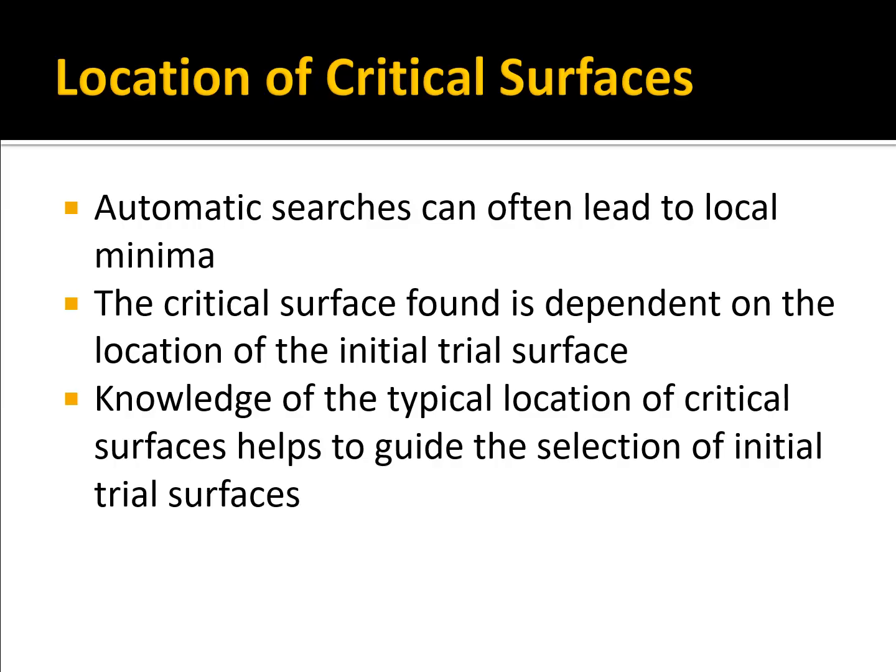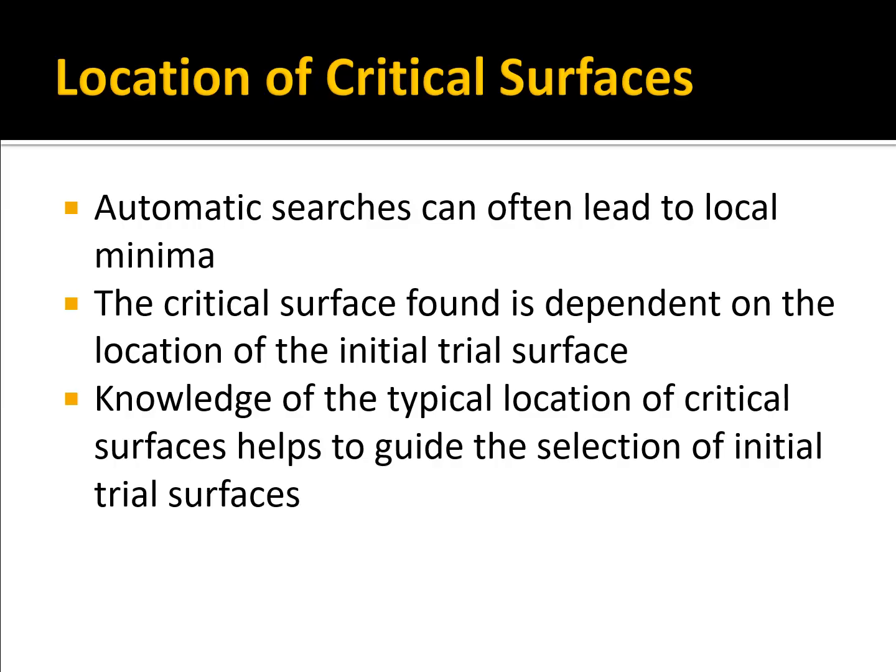And so you need to be really careful, if you have multiple materials and even with a single material, there are certain cases where you can get a local minima. But you have to make sure that you're satisfied that you've explored all of the potential starting locations for circles and you found the global minimum factor of safety.